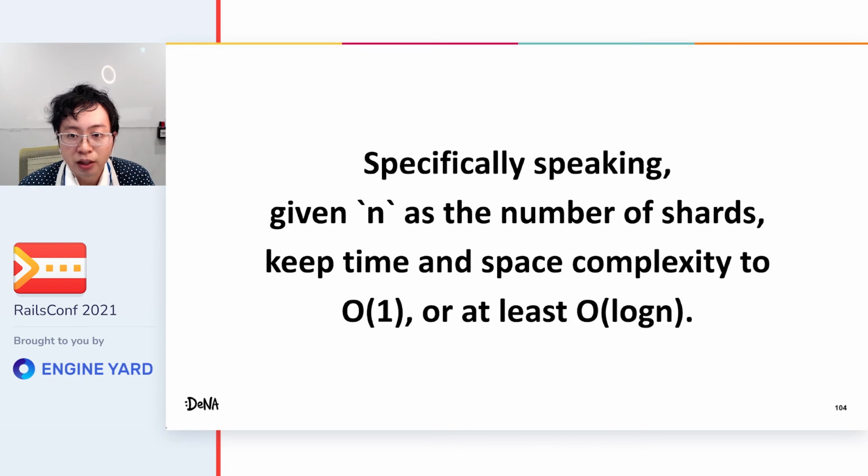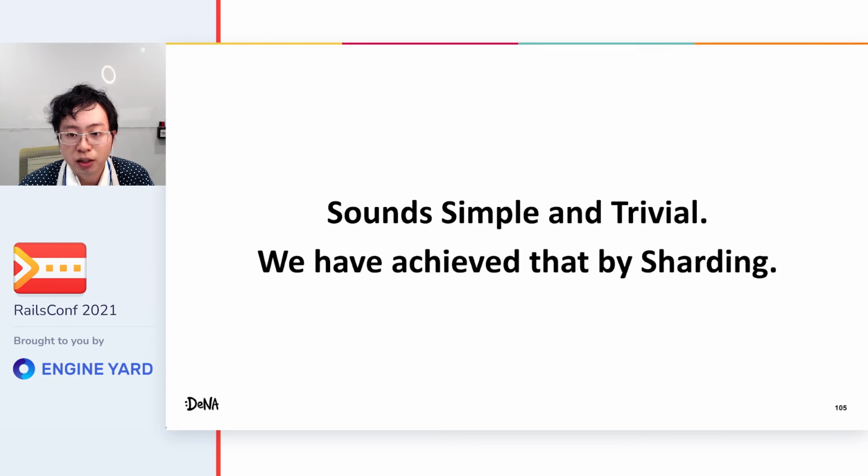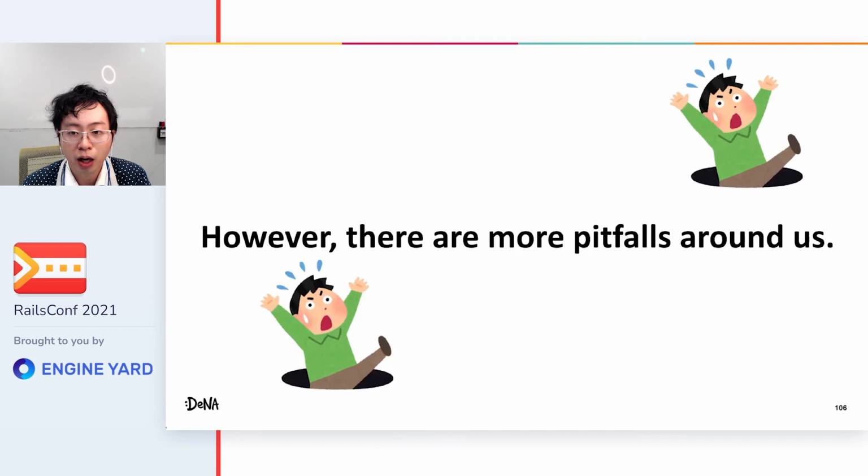Specifically speaking, given n as the number of shards, keep time and space complexity to O(1) or at least O(log n). Sounds simple and trivial. We have actually achieved that by sharding. However, there are more pitfalls around us.